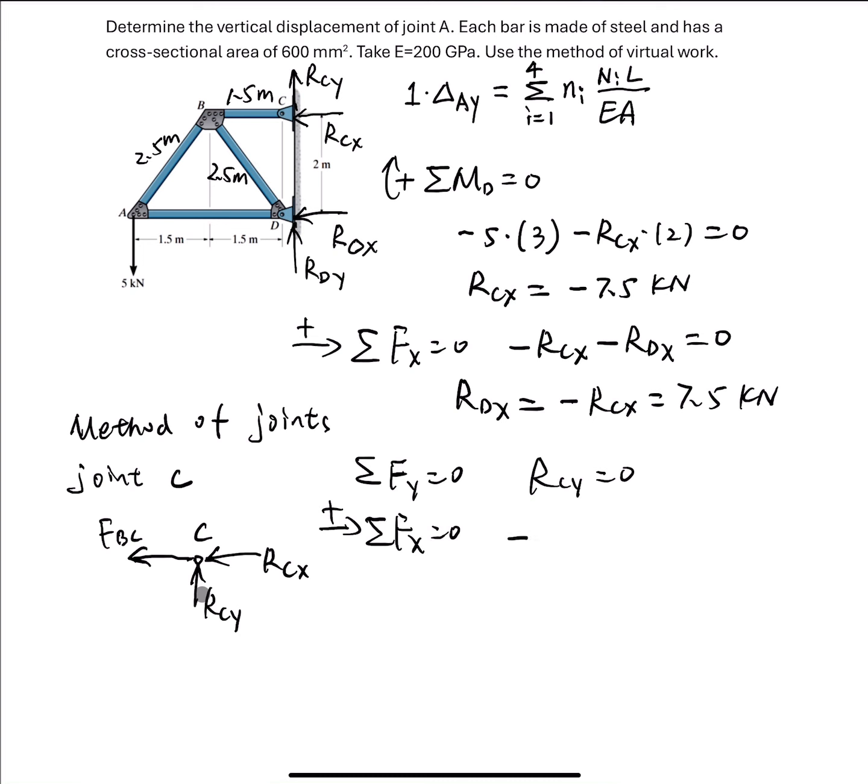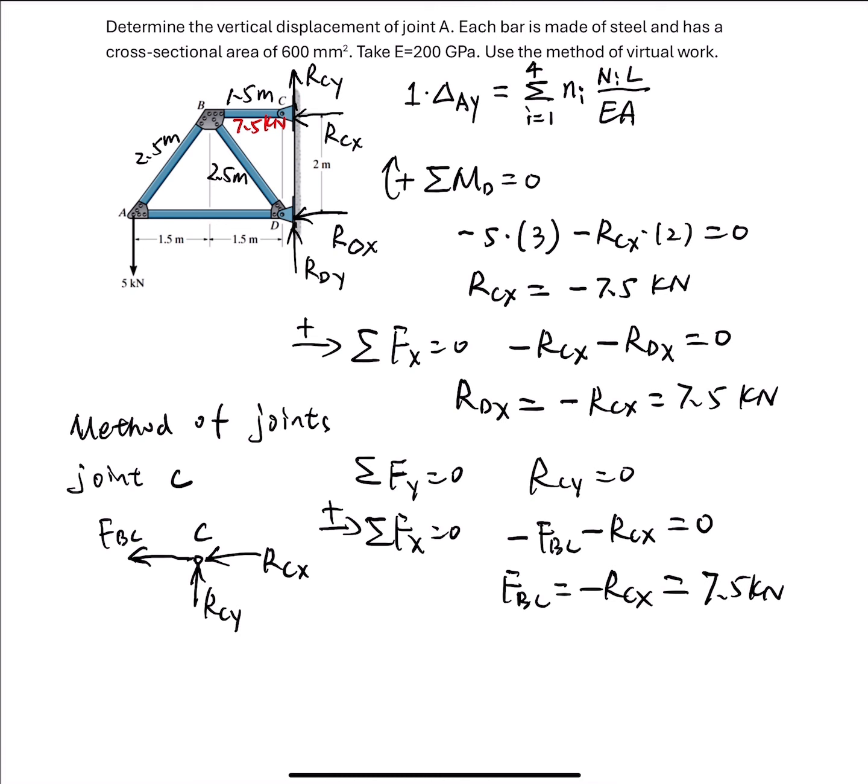So we have negative FBC, negative RCX equal to 0. Then we know FBC is equal to negative RCX. We know RCX is negative 7.5 kilonewton, so FBC here is 7.5 kilonewton. Now I want to put the force FBC over here: 7.5 kilonewton. So this is the member force in BC.